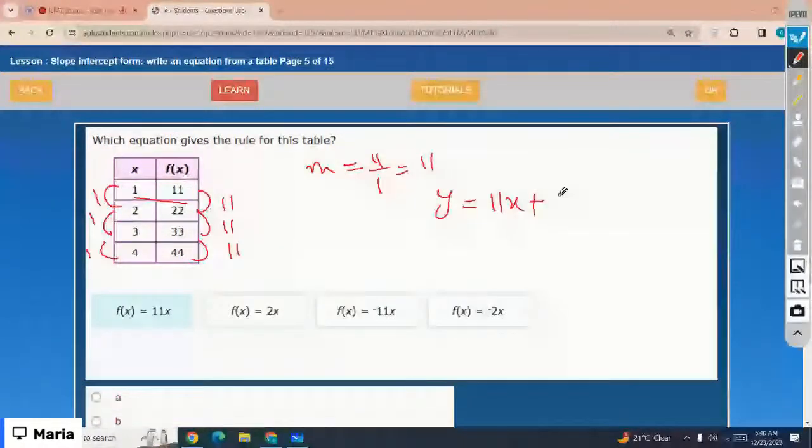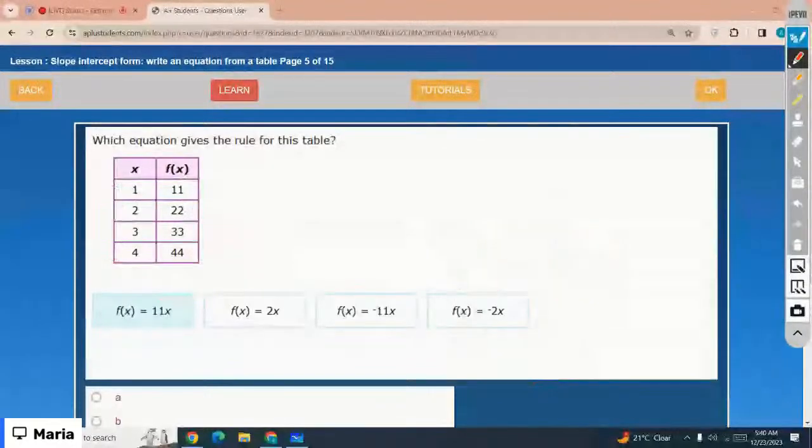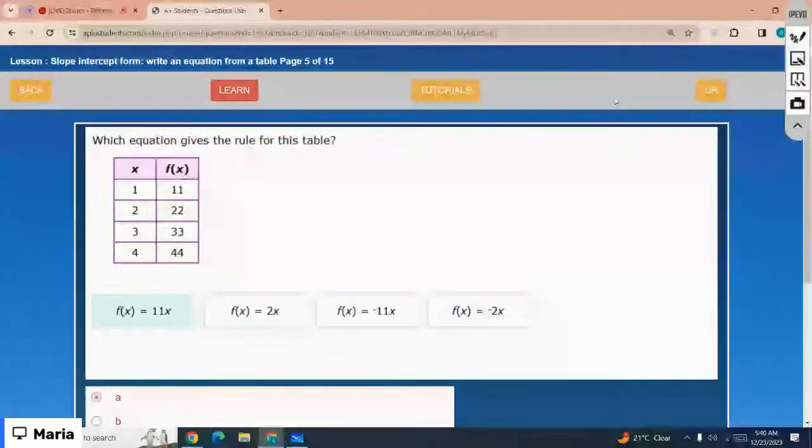Using x is 1 and y is 11, 11 equals 11 plus b. Moving to the other side, 11 minus 11, so b is 0. So y equals 11x. Option number 1 is the correct option. Got it?